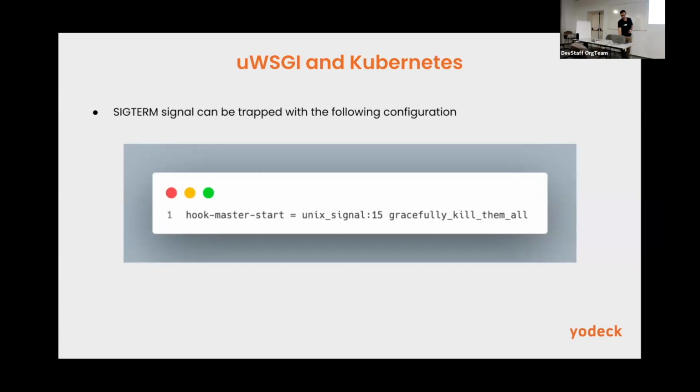You can trap the SIGTERM signal with this configuration in uWSGI, and when it sees a SIGTERM, instead of killing every worker, it will gracefully kill them all, which kills one worker after it doesn't serve any requests anymore.